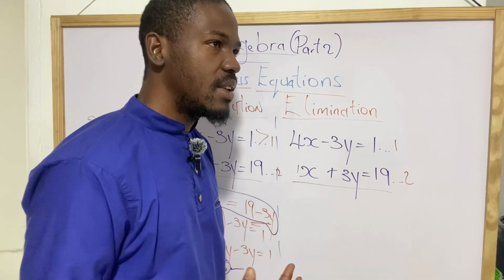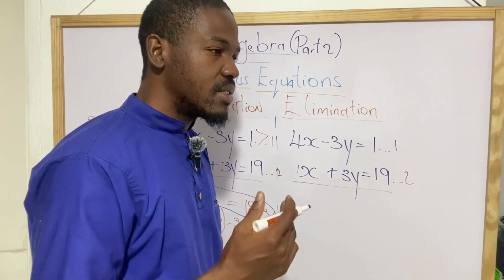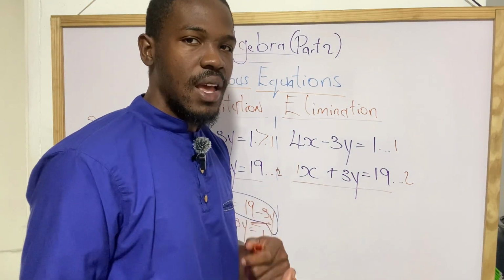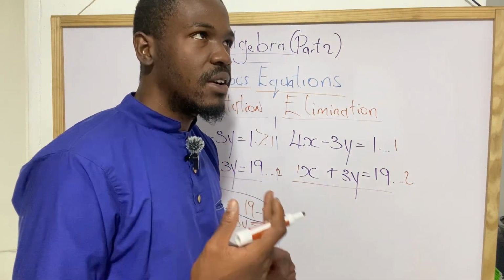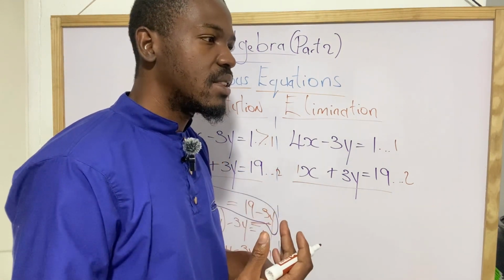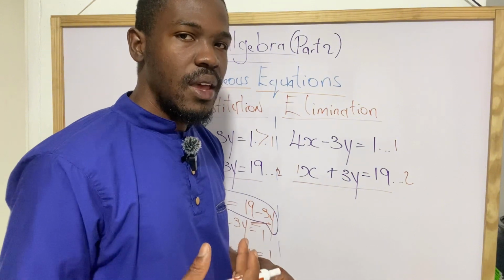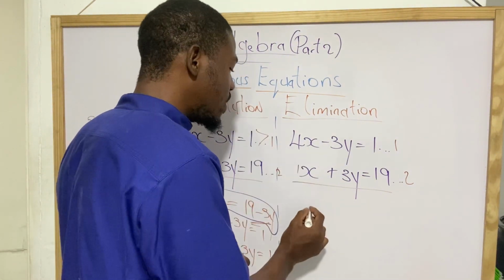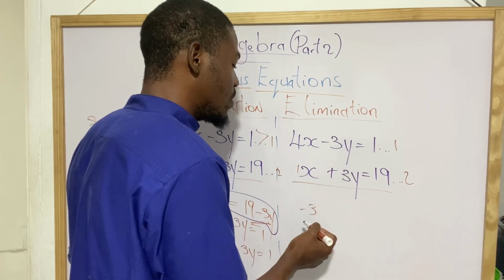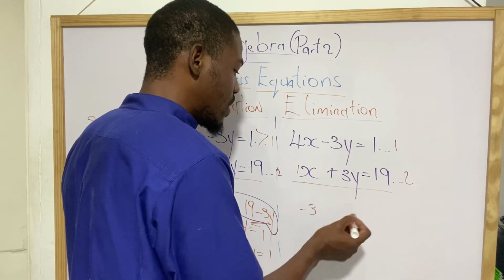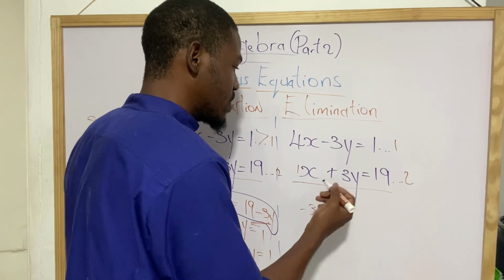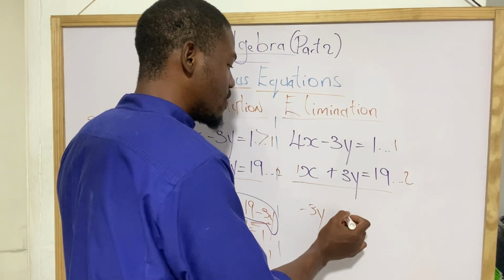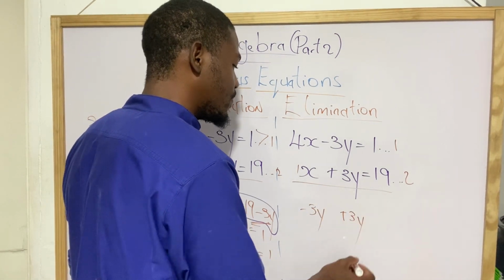Now in eliminating something, we add or subtract to eliminate. And if when adding or subtracting we can get it to equal 0, it means that we have gotten rid of it. So we have negative 3, just going to ignore the y, right? But maybe some persons would like to see the y, so I'm just going to use it, and we have plus 3y.